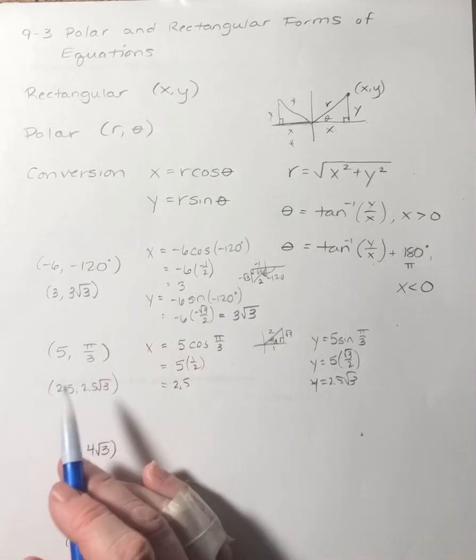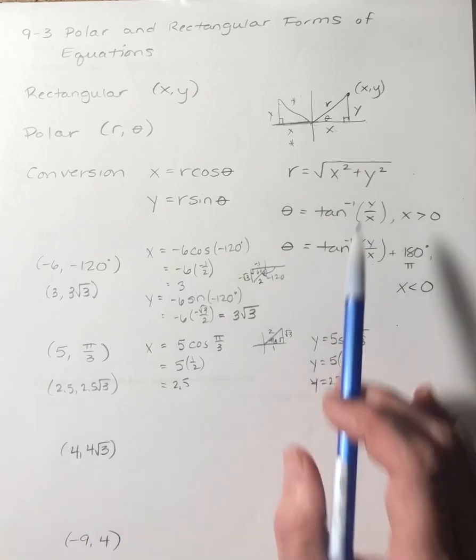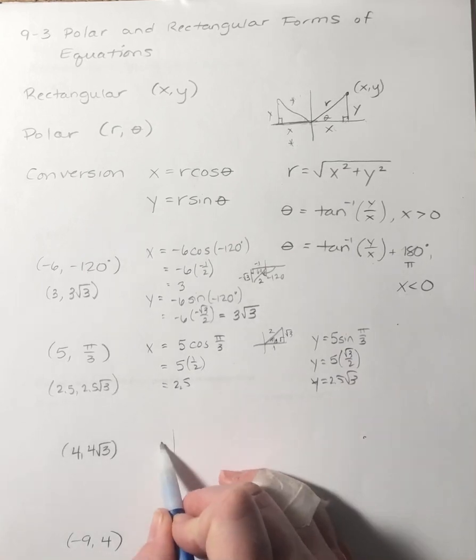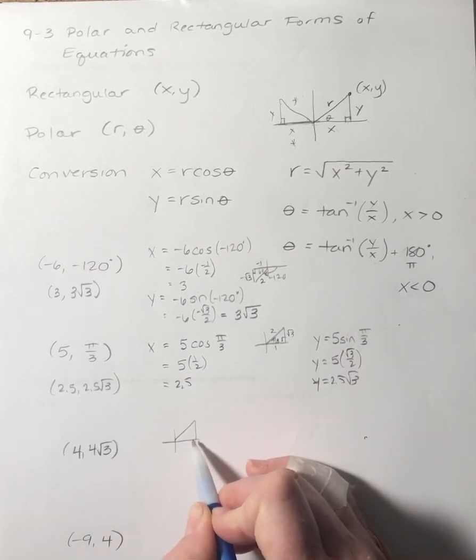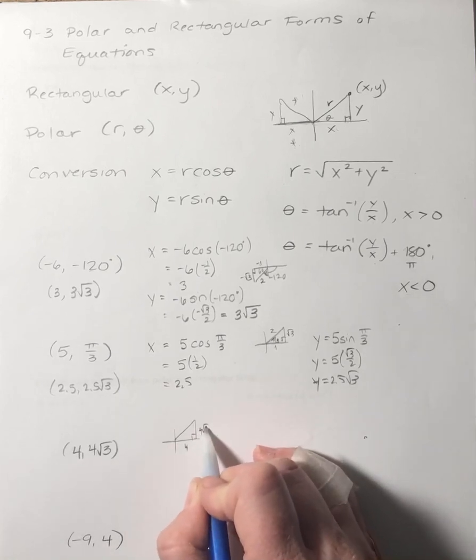Polar, rectangular. This is in rectangular form and we need to change it to polar form. So this is the information I need to use over here. This is in quadrant 1. So x is 4, y is 4 square roots of 3.